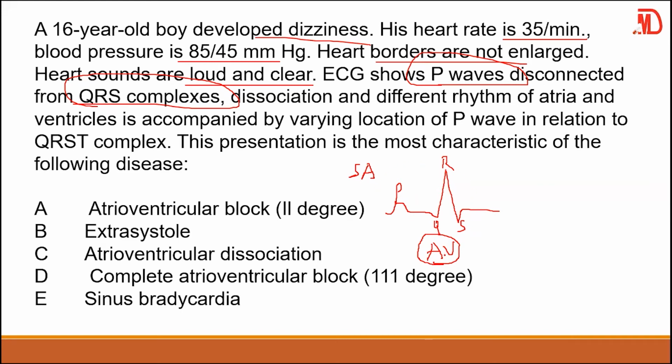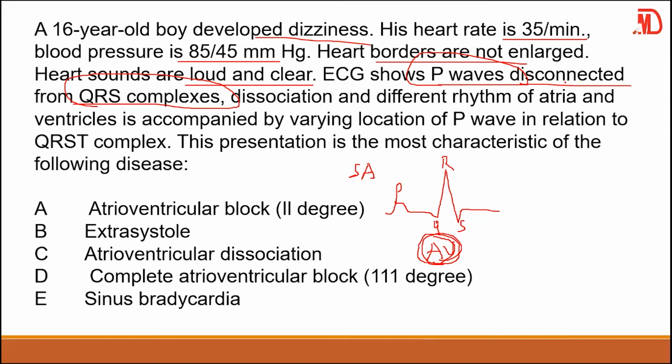That is the connection. So if they are saying that there is no connection between this P wave and the QRS complex, what it means is that there is AV blockage, as simple as that. Of course, we have degrees: partial and complete. Complete is no connection whatsoever, not even a slight impulse, nothing at all. And that is what we could be having in this patient.